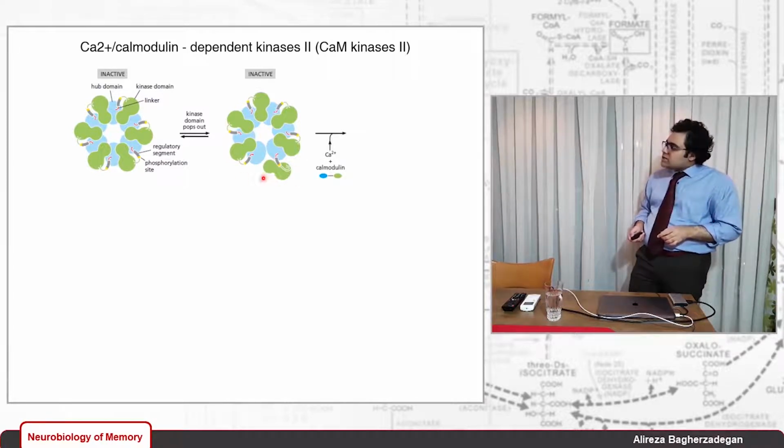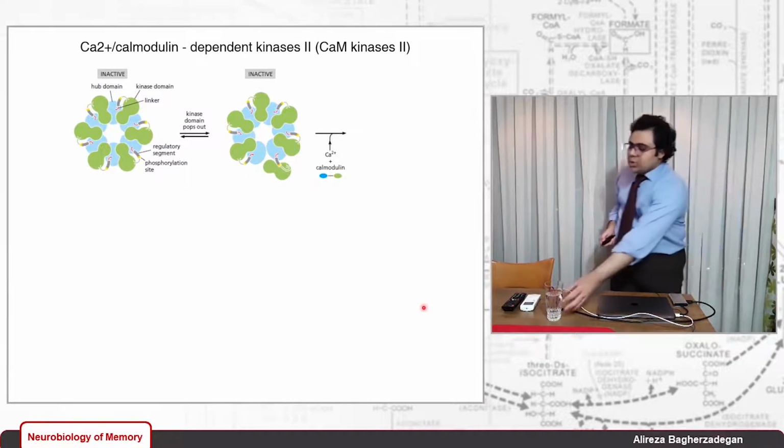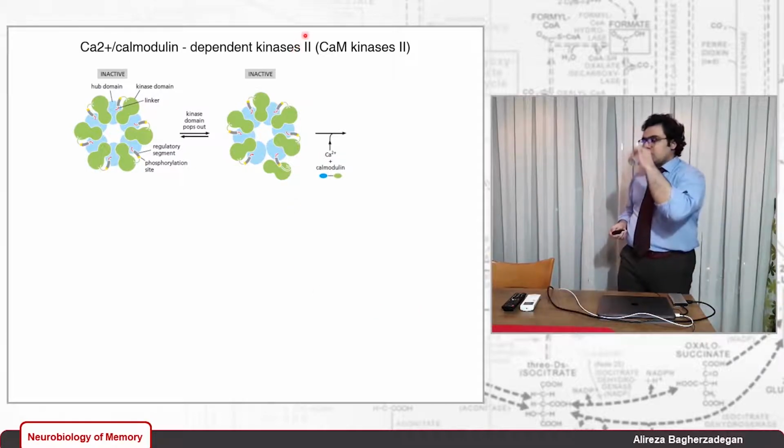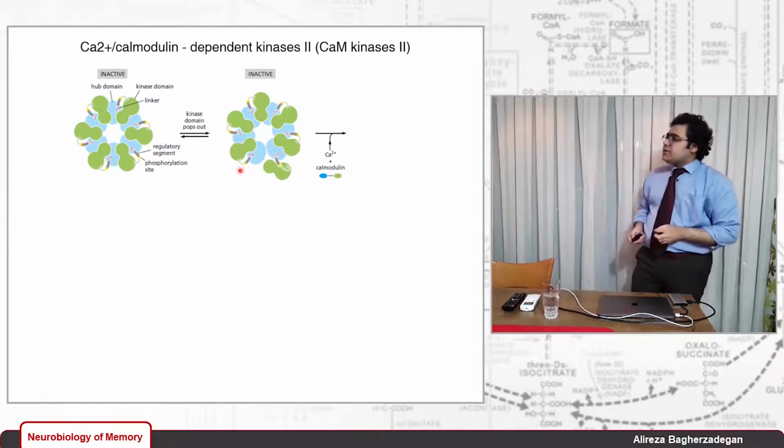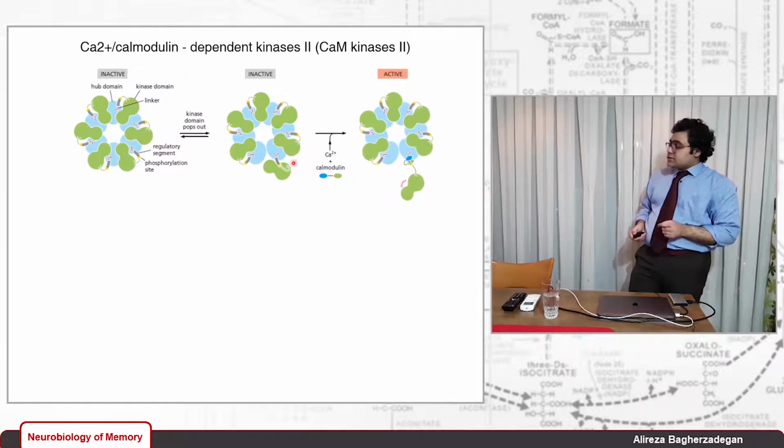But when one of these kinase enzymes pops out, the regulatory segment can now be accessed. So when the calcium calmodulin complex is present in the cell, it binds to this regulatory segment of CaM-kinase II.